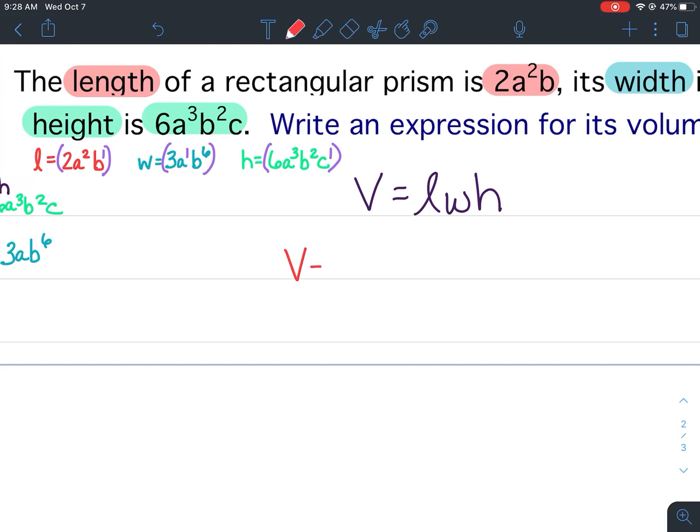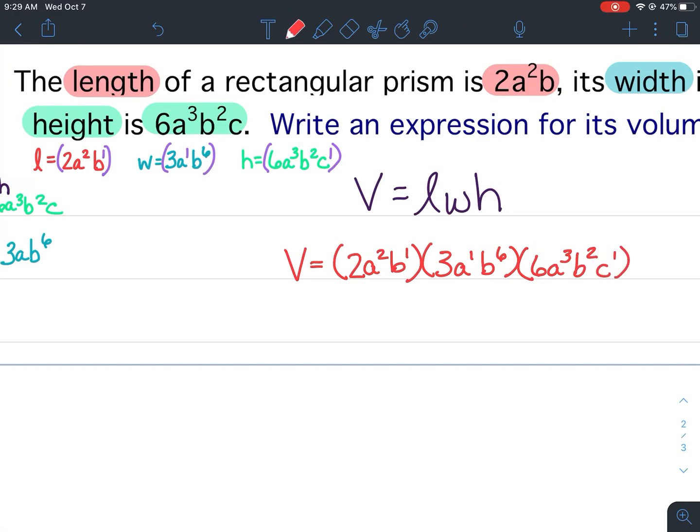So volume equals, we've got 2a squared b to the first. Width is 3a to the first, b to the sixth. And the height is 6a cubed b squared c to the first.